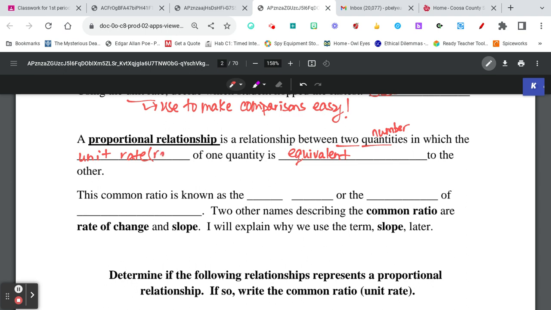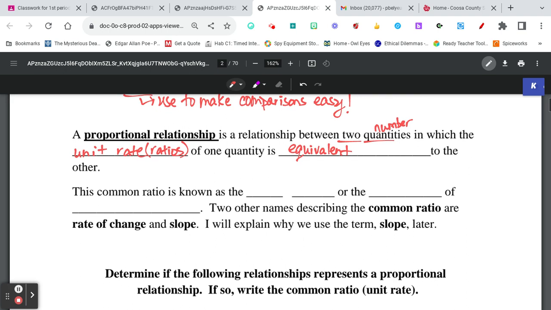Divide. So when I say unit rate, I'm basically talking about their ratios. The ratios have to be equivalent to each other. I want you to put unit rate because the unit rate is the ratio. That means it's y, the dependent, divided by the independent. Make sure you put ratio, okay?